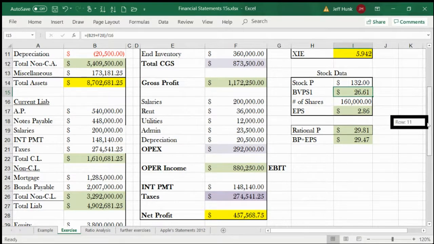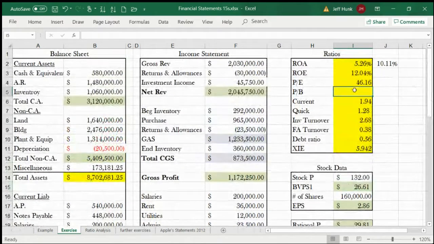That's book value per share at time 1. Then if you calculate the market price to book value ratio, there you go. Almost 5.